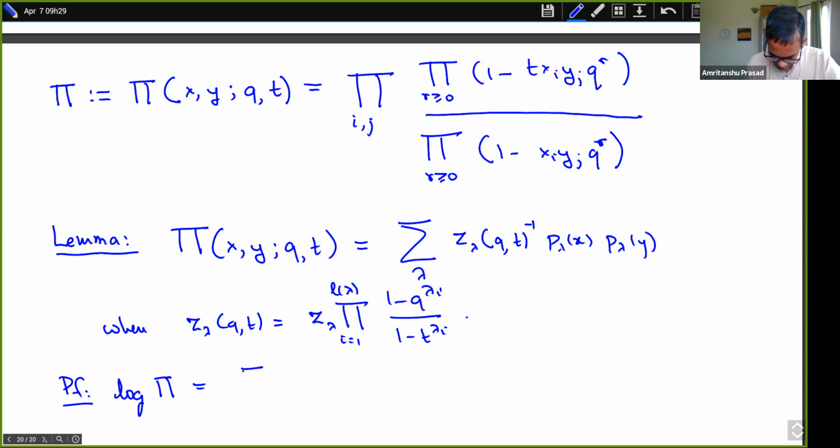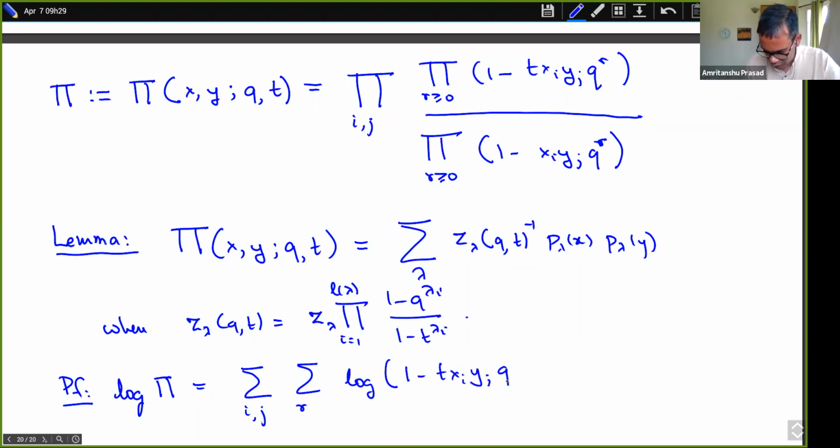So this is the sum over i, j, sum over r, and then we get log of 1 minus t xi yj q raised to r minus log of 1 minus xi yj q raised to r, just note the t.